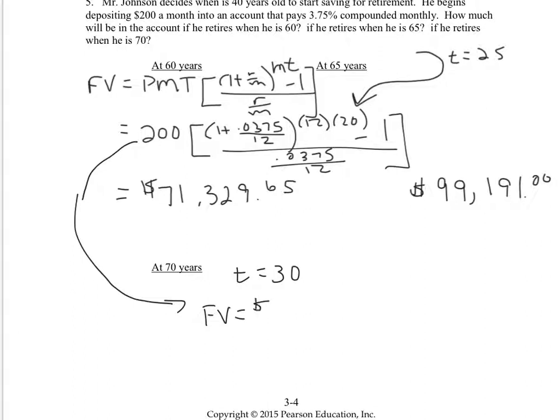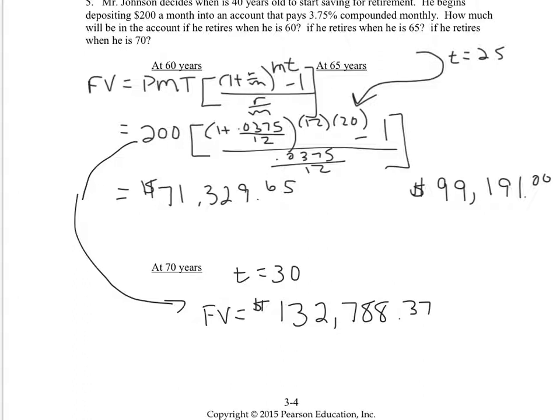Mr. Johnson now has $132,788.37. I want you to notice that the additional 5 years from 20 to 25 added $28,000 to the amount that he had in his account.